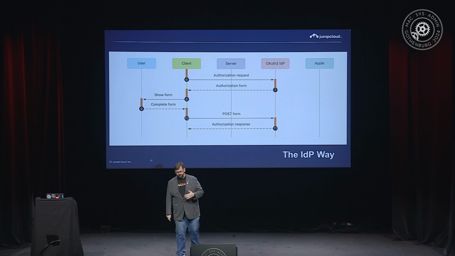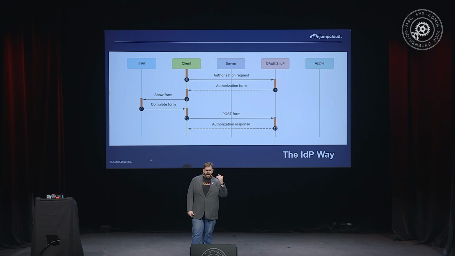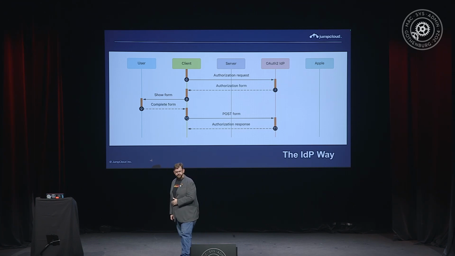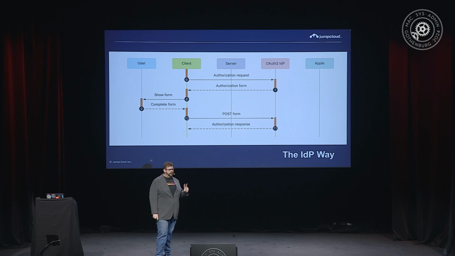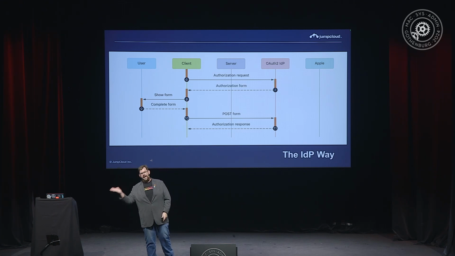Come talk to me. After we have gotten to that 401 initially, the IDP mechanism is actually a little bit more interesting. You'll notice here that we now have an OAuth 2 IDP in the middle between Apple and the server. The idea here is that you can provide your IDP a way to authenticate that user so that you can make sure that they are who they say they are, even if they haven't federated their Apple ID yet.